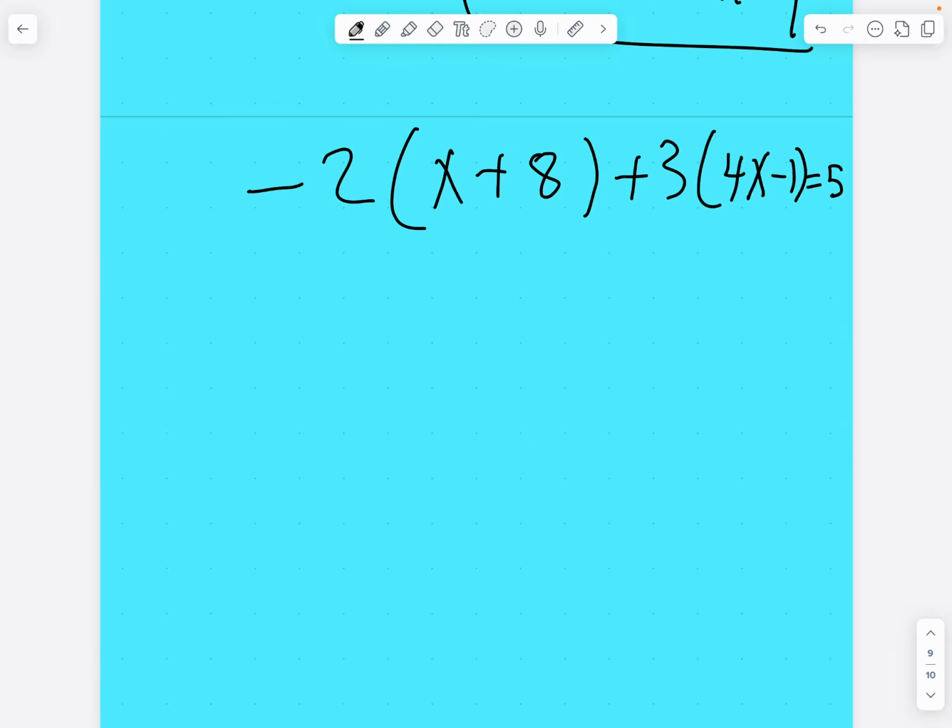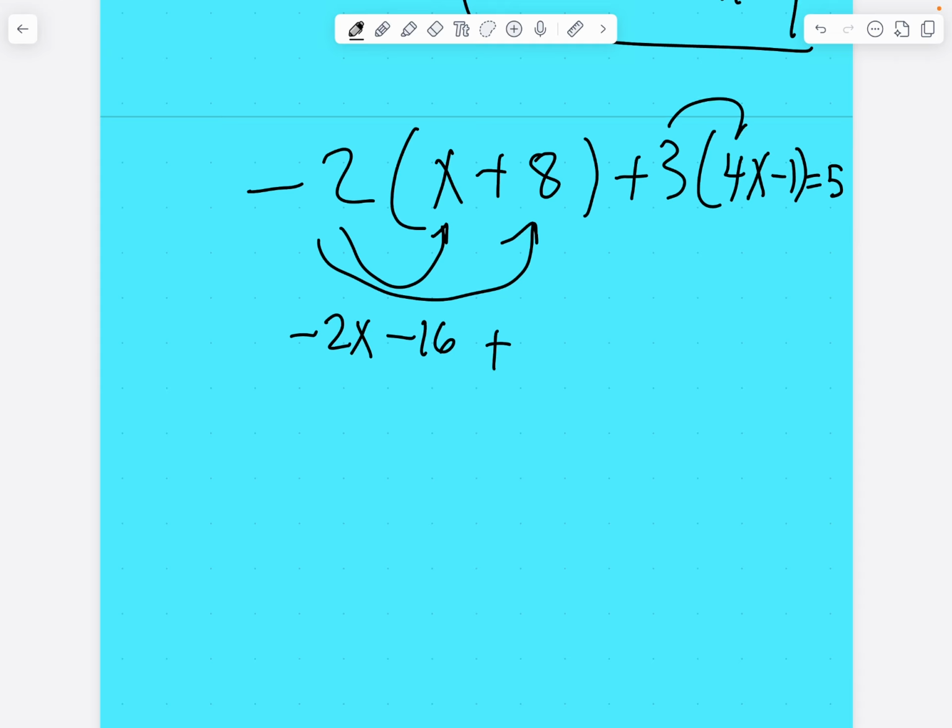Now here, it's the same process. -2 times x, -2x, -2 times 8, -16, plus I got 4 times 3, which is 12. Bring the x with me. I got +3 minus 1, which is -3, equals 5. So I have -2x plus 12x, okay?